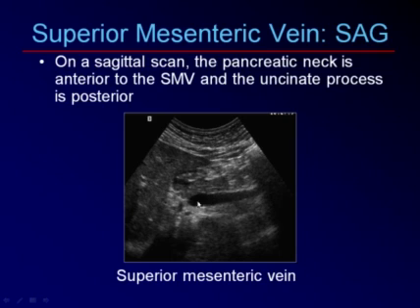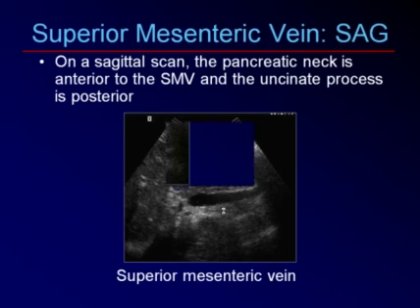And that's the superior mesenteric vein, but on a longitudinal sagittal section. And this portion here that's bulbous is because of the splenoportal confluence. So the neck of the pancreas is anterior to this, and the uncinate process is posterior to the superior mesenteric vein.